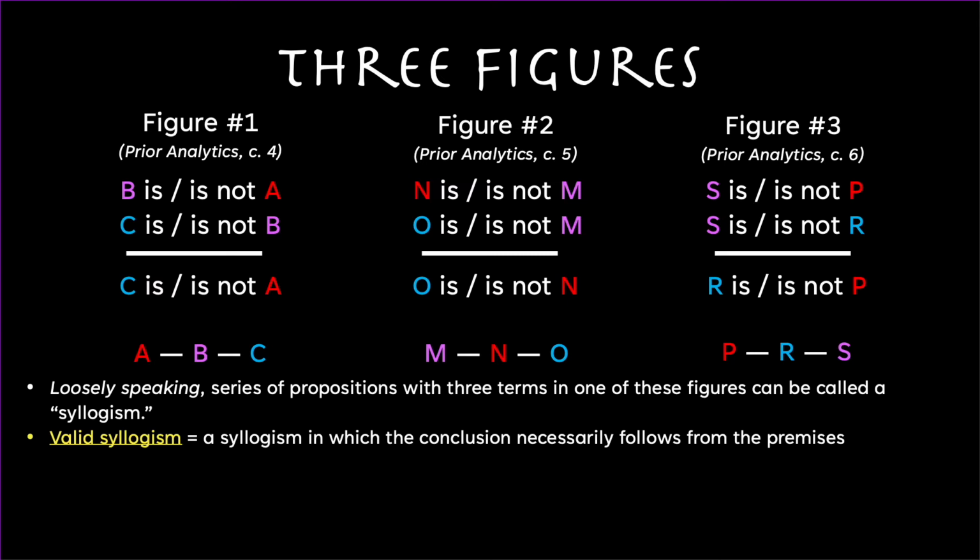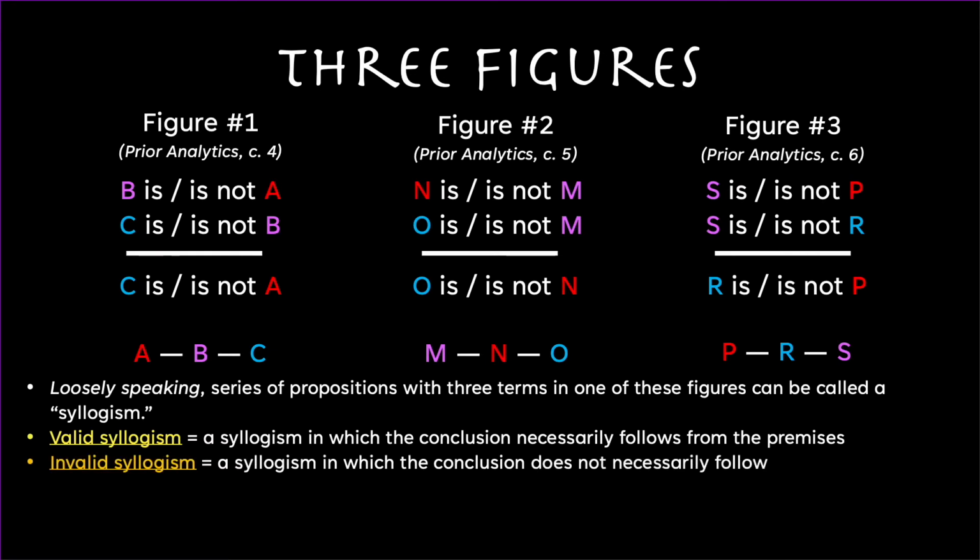These are syllogisms simply speaking, or properly speaking. Invalid syllogisms, however, like dead dogs, are syllogisms in which the conclusion does not necessarily follow from the premises. These are not syllogisms properly speaking, but invalid syllogisms.